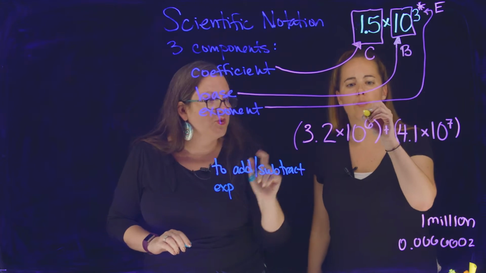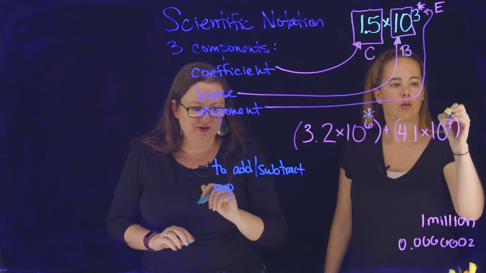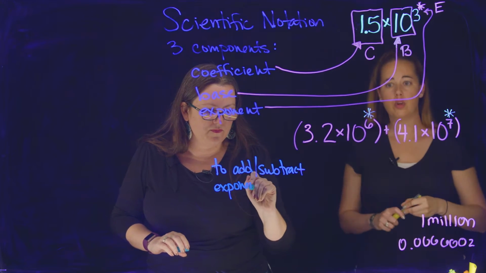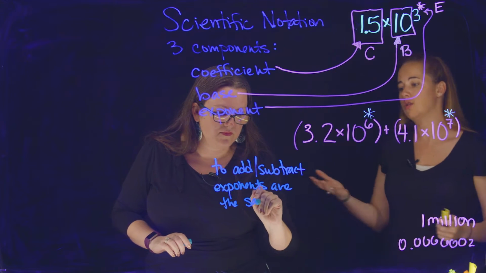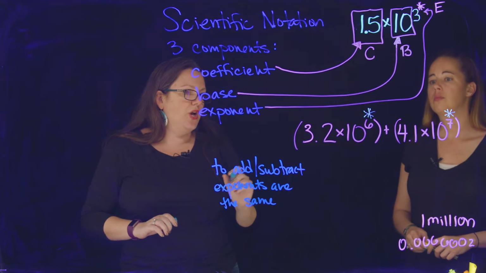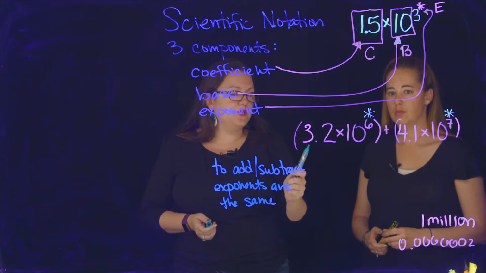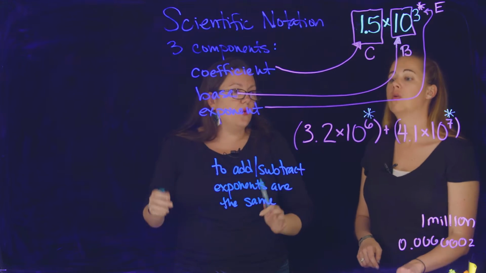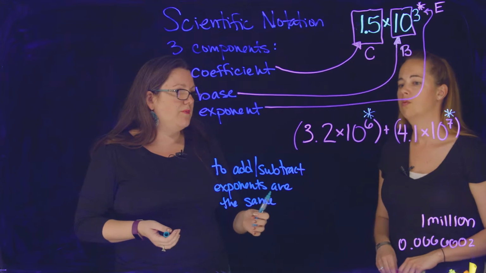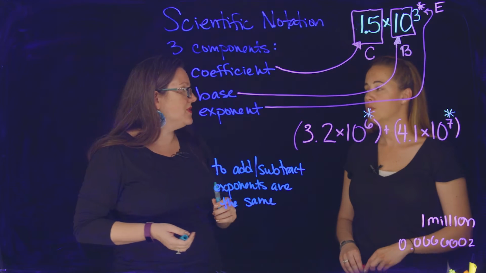You were very clever, you set up something where the exponents are not the same. I can see that the 6 and the 7 are not the same number, so the exponents are not the same. Correct. So if we're going to perform an addition or subtraction, the very first thing we have to do is convert one or the other of these numbers such that the exponents are the same.